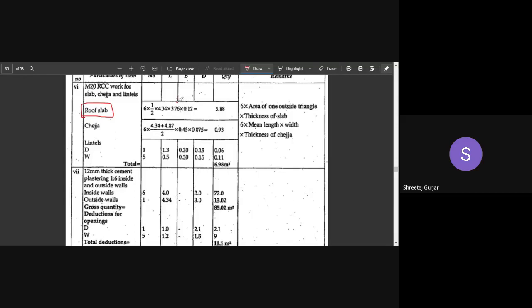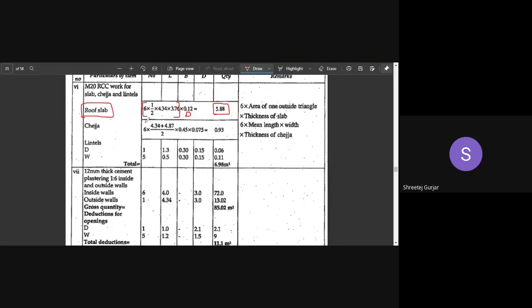So the area is this part, which we have already calculated, and into thickness we have to multiply, right? This is the thickness of our roof slab, which is given as 12 centimeters. So if you multiply, you get your total quantity in meter cube. This is your area into your thickness, so you get your quantity in meter cube.